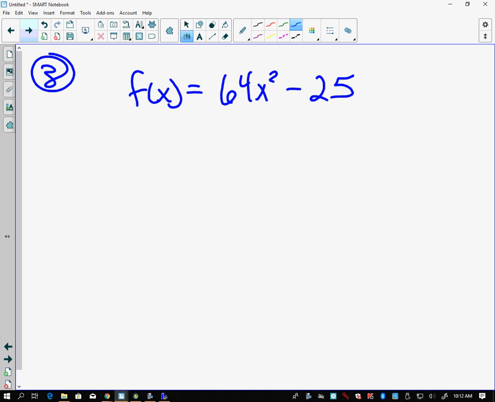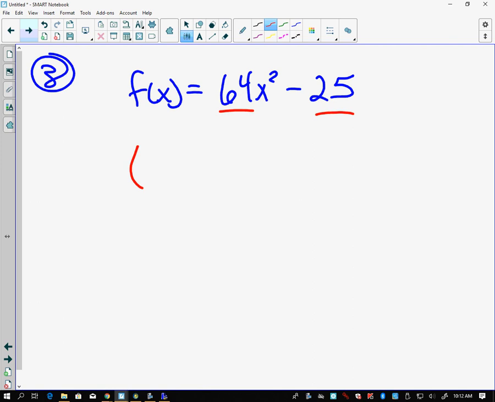What do you notice about these two numbers? They are perfect squares. Okay? Do we notice anything missing from the equation? There's no x value, right? So I have a perfect square, x squared, minus a perfect square constant.